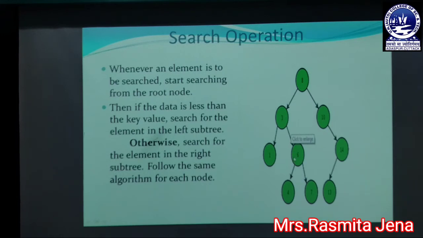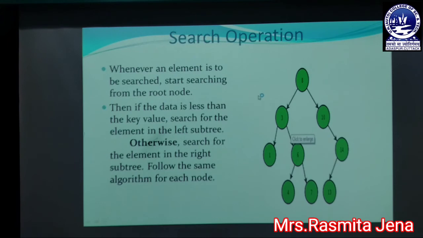Again 7 is compared with 6, and as it is greater, we go to the right subtree of node 6. And here you can see we find our search element 7, which is present at the right of node 6. In this way we can proceed with the search operation.